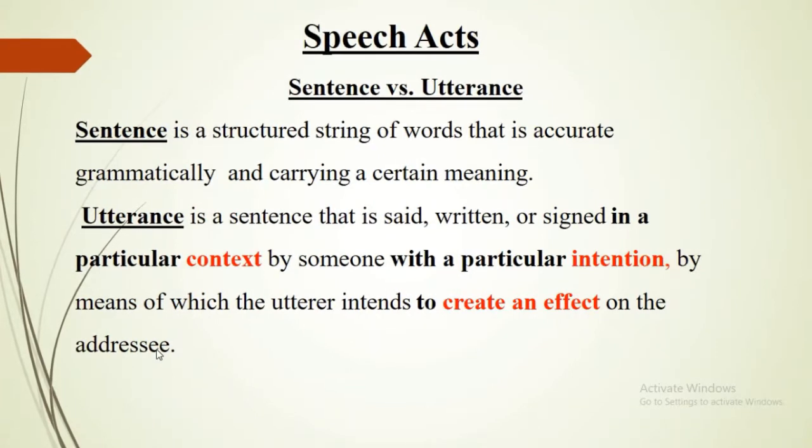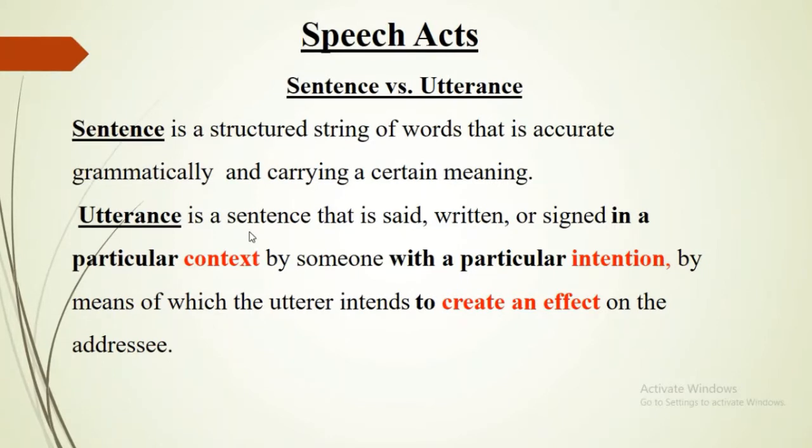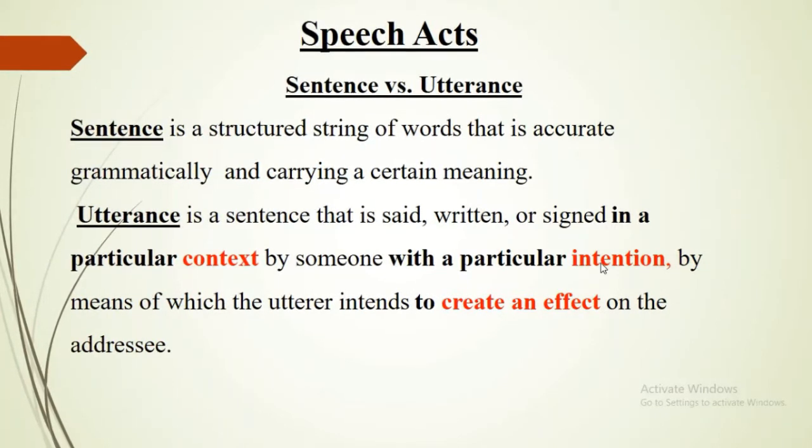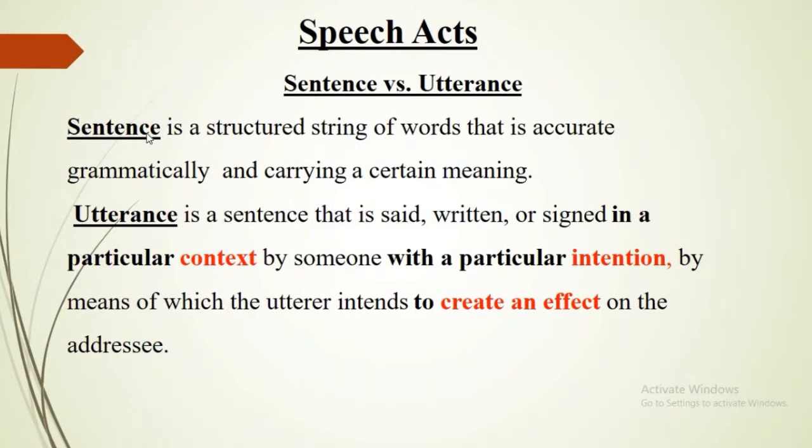So, a sentence is just a string of words that are interconnected and grammatically correct. In contrast, an utterance is a sentence that has context, intention, and effects. These three ingredients make the utterance.